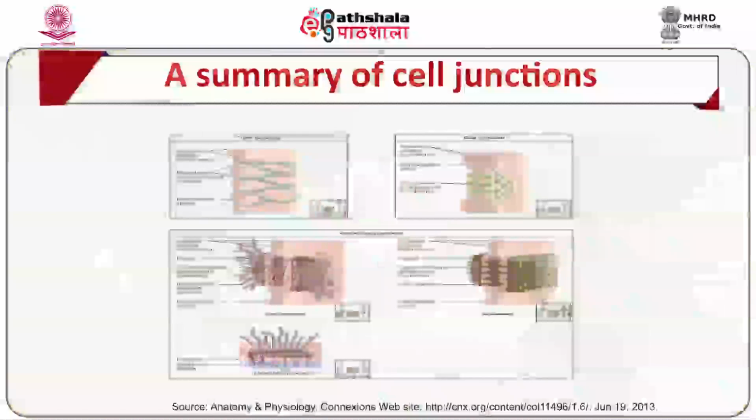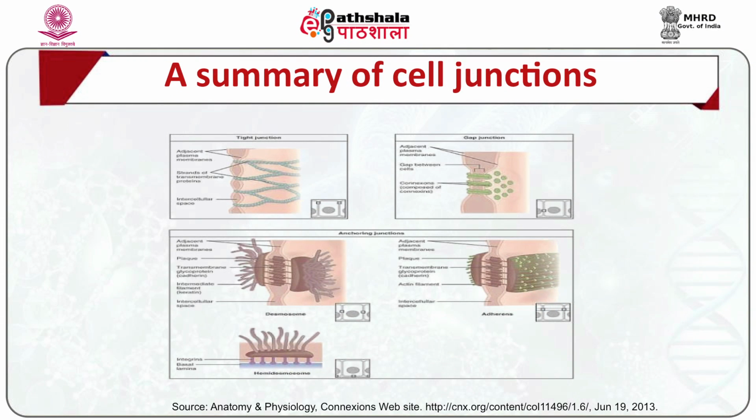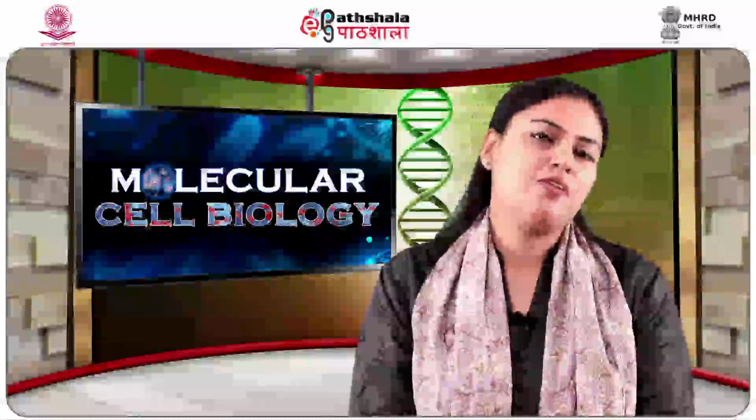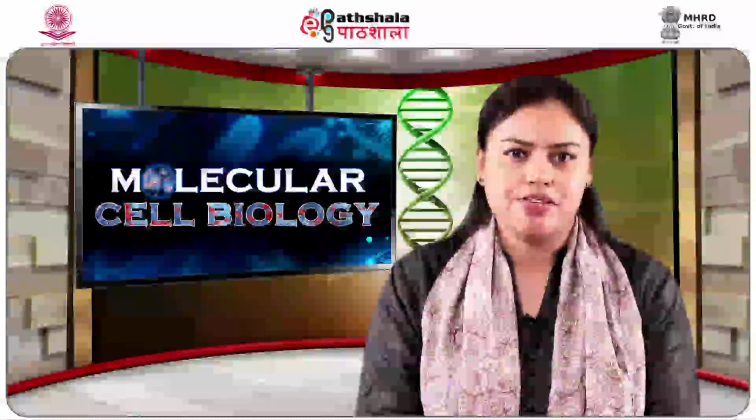Such cellular connections are significant as they allow adjacent cells to be in direct electrical and chemical communication with each other. The slide here gives a pictorial representation of the various types of cell junctions that we have studied so far. Next, we look at the components of cell adhesion.